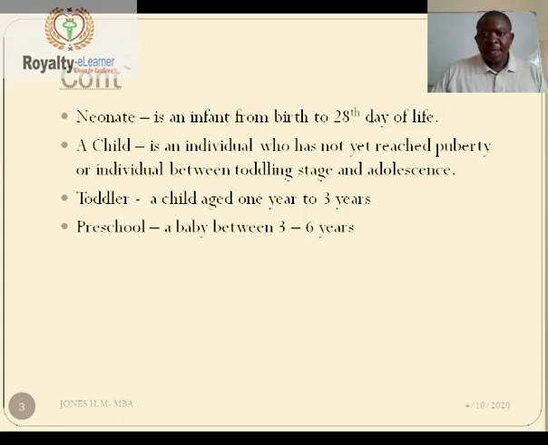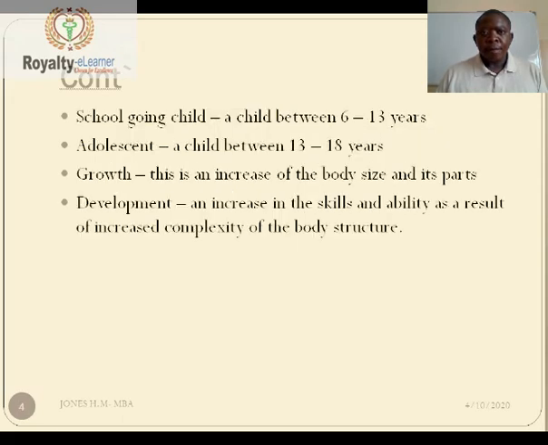This means a child between 3 to 6 years. A school-going child is a child between 6 years to 13 years. And the word adolescent means a child between 13 and 18 years.